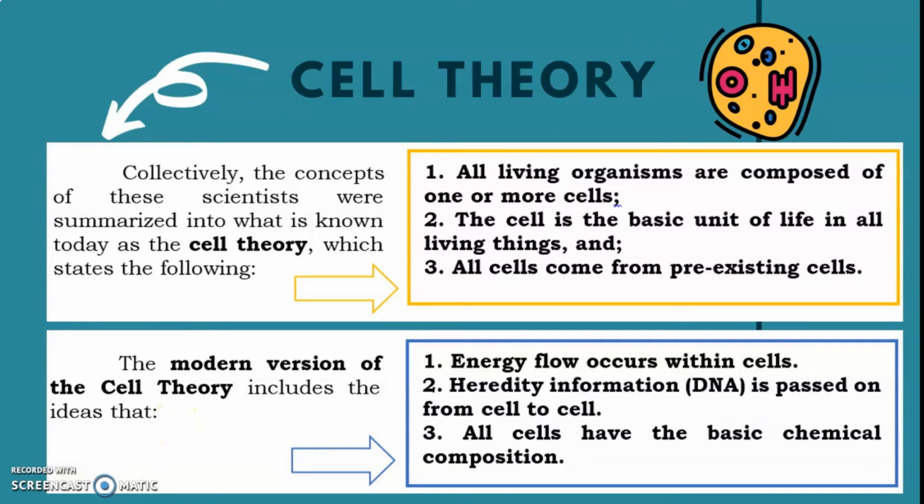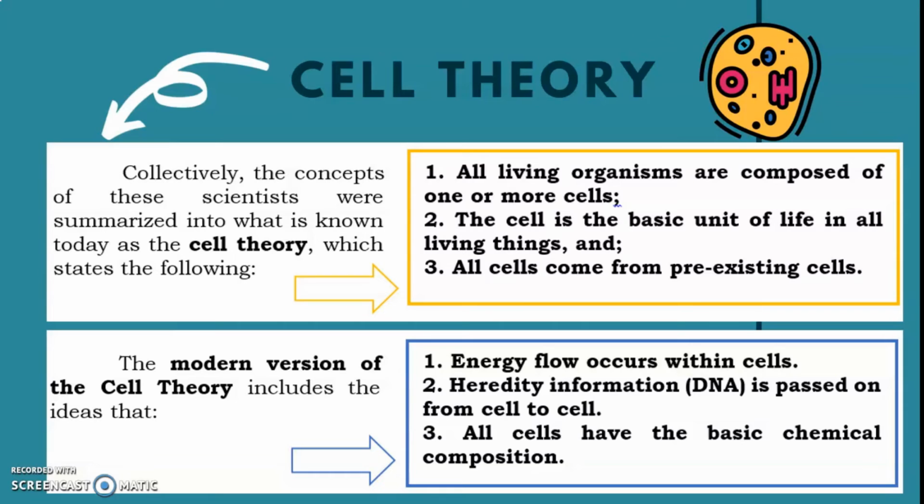Just a recap, cell theory is composed of six postulates. First, all living organisms are composed of one or more cells. Second, the cell is the basic unit of life in all living things. These postulates were formulated by Schwann and Schleiden. Third, all cells come from pre-existing cells, or omnis cellula e cellula by Virchow.